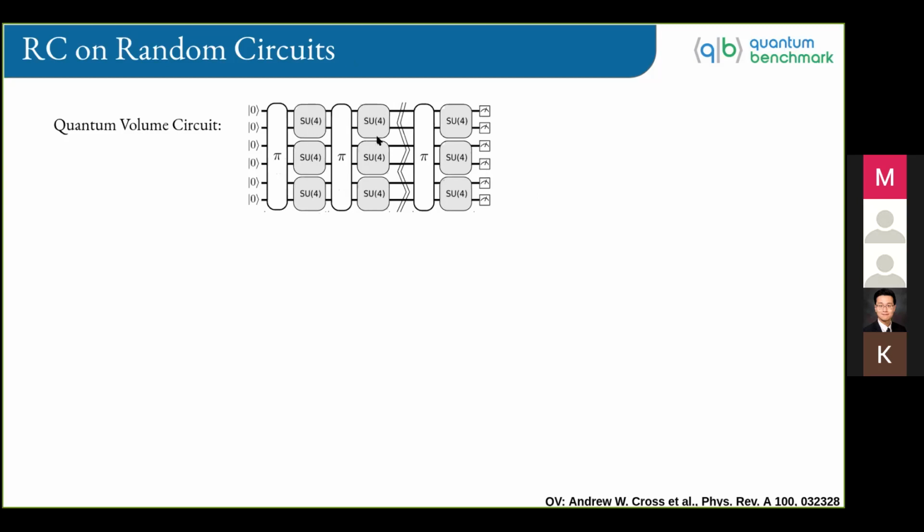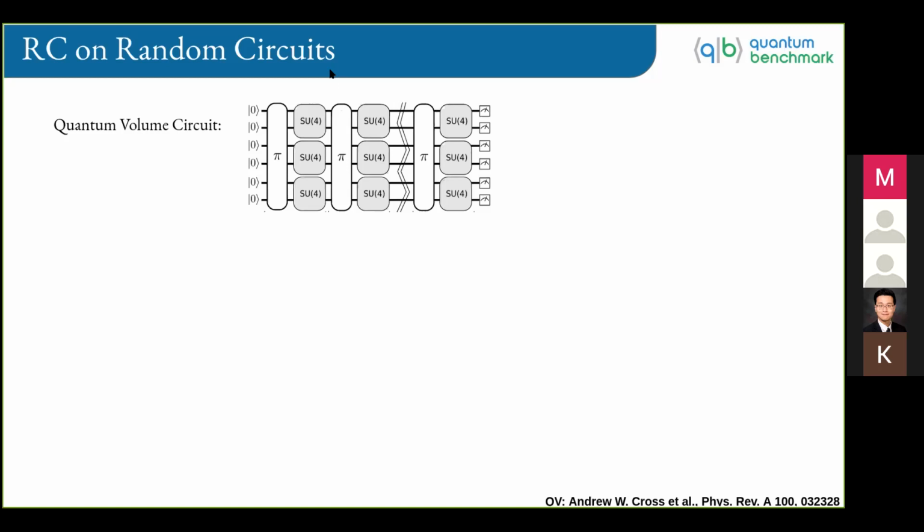These are these random SU4s. And then you alternate that with qubit permutations. So pi is an n-qubit permutation. So these kinds of circuits are kind of hard to run on devices because at least superconducting devices have a fixed topology. And so performing a random SU4 between two distant qubits in the topology is often annoying. So they use this as part of their device benchmarking.